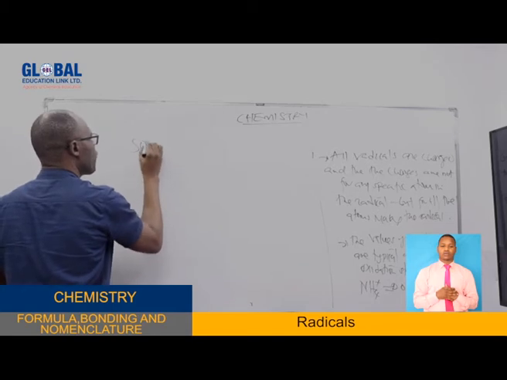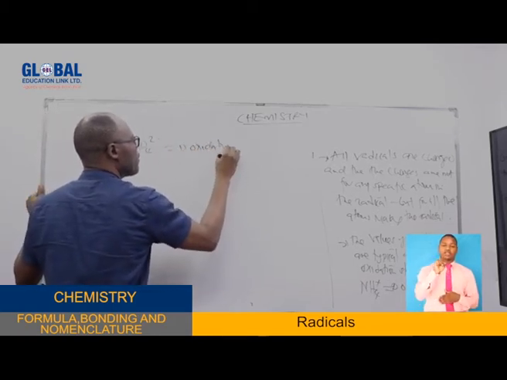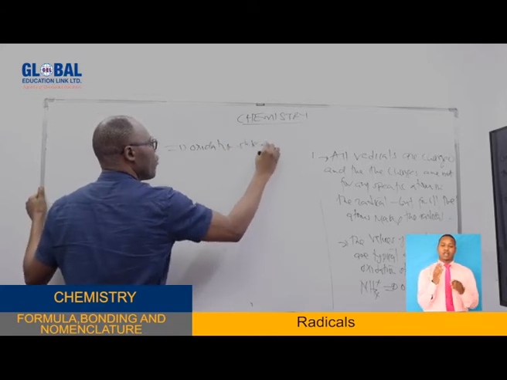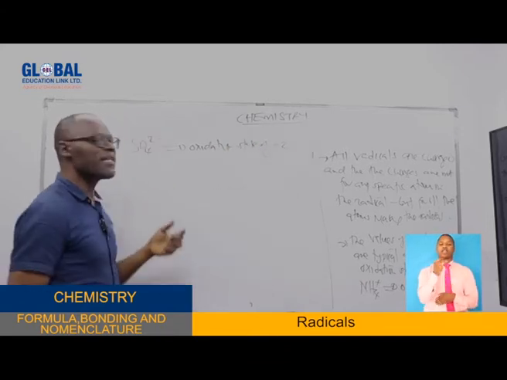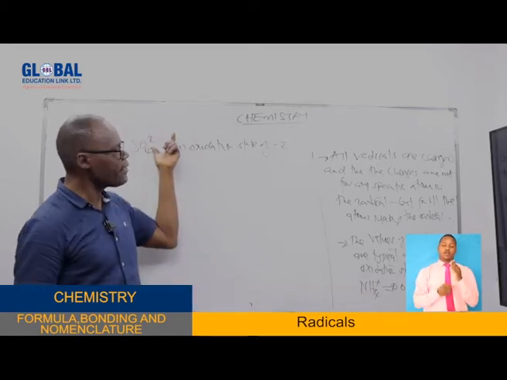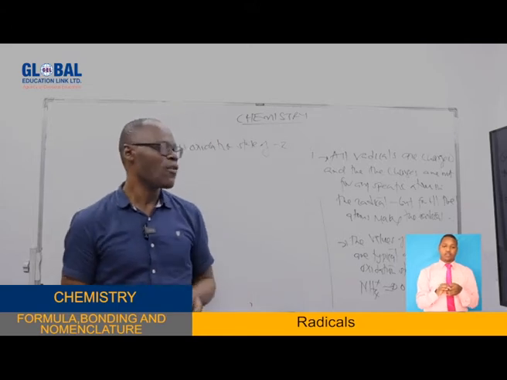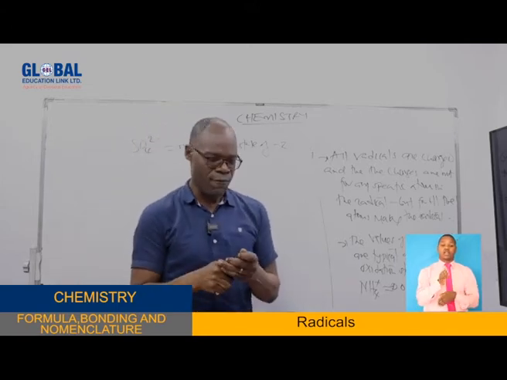Something like SO4 2-, has got an oxidation state of -2. So when you're writing the formulas of compounds of radicals, then we use these charges as their oxidation states. That one can give us a very direct way of writing different formulas.